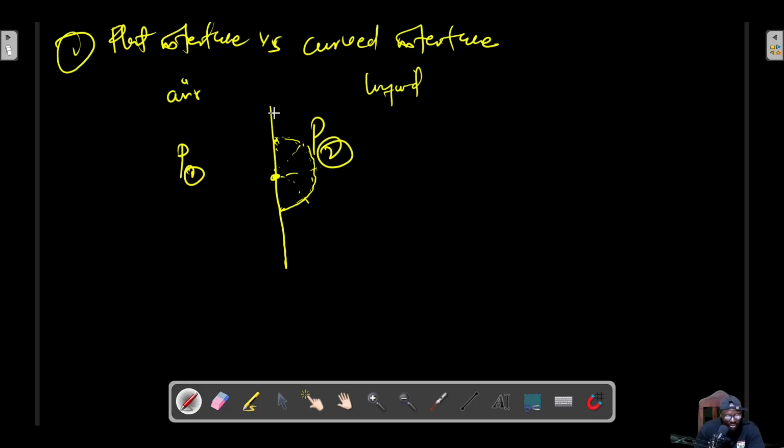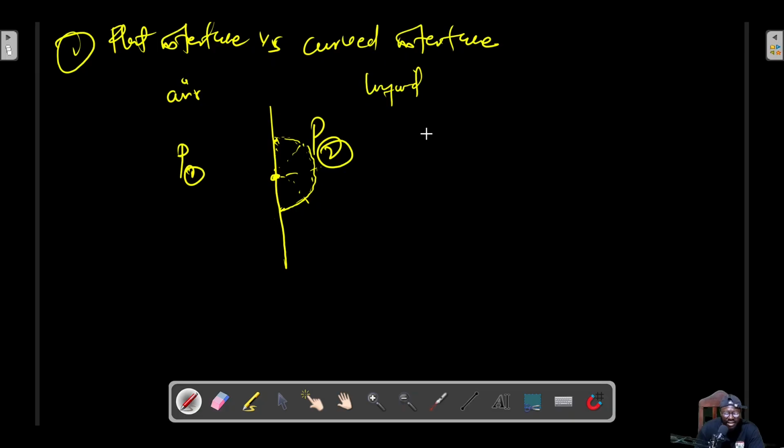But to obtain a flat surface, the net adhesion on the left side should be the same as the net cohesion force on the right side. That is for flat interfaces. We made those discussions in the previous lecture.